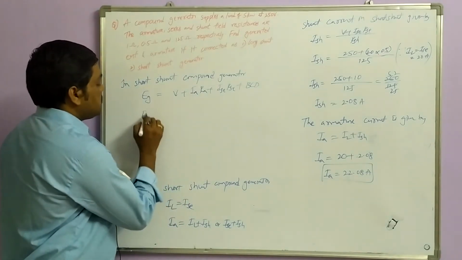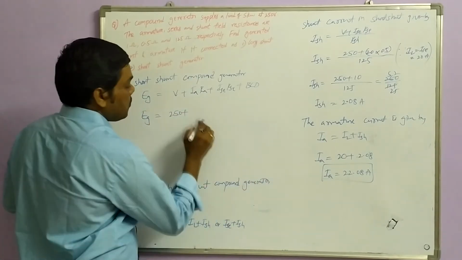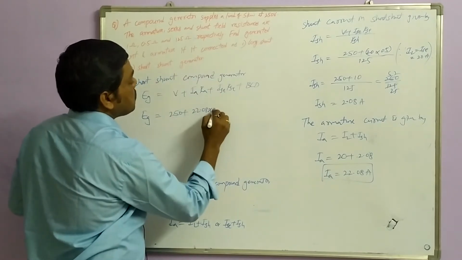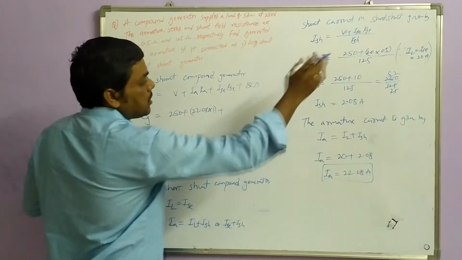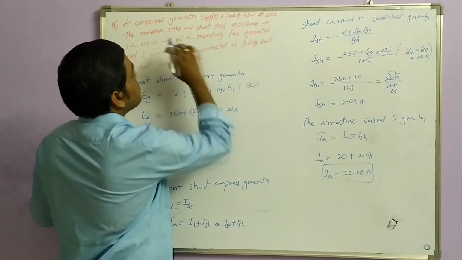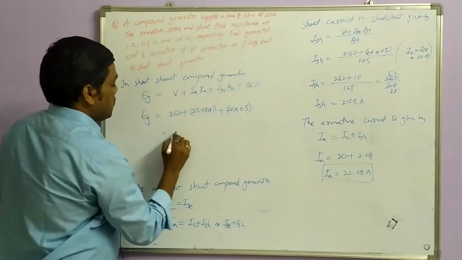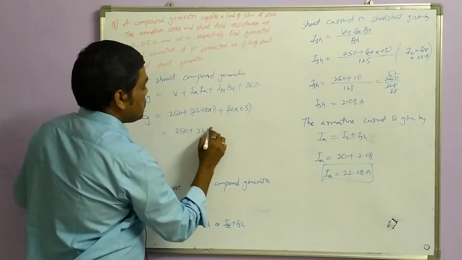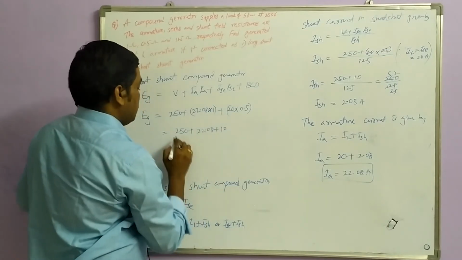Now EG is equal to 250 plus IA, 22.08, armature resistance is only 1 ohm, plus series current, which is the same as your load current, 20, multiplied by series resistance 0.5. So EG is equal to 250 plus 22.08 plus 20 into 0.5, which is 10.